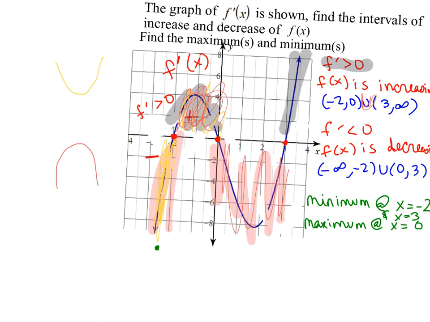That's a maximum. Then we again go from a negative to a positive derivative. That means something was decreasing and then increasing again, so that's again a minimum. So we have a minimum at this point and this point, and we have a maximum at this point.